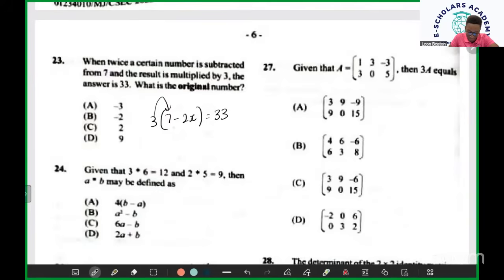So 3 times 7 is 21. 3 times −2x will be −6x. So this is equal to 33. I think I multiplied right, same thing I had.